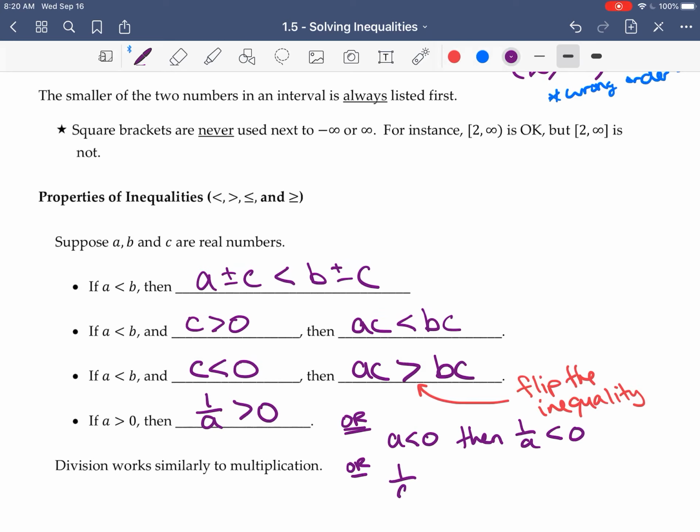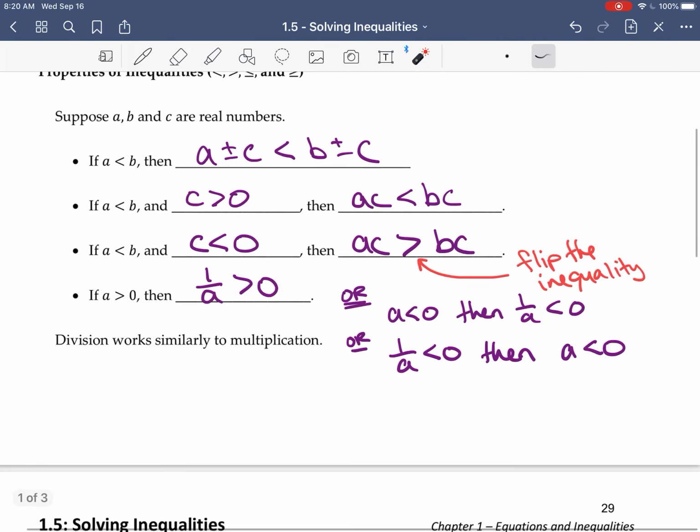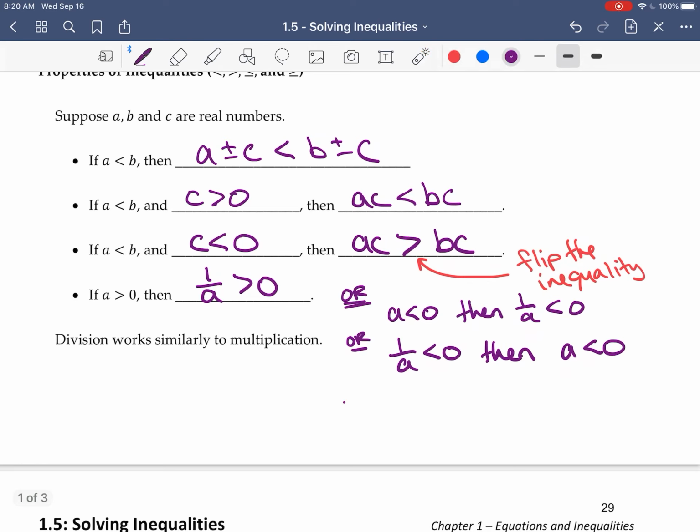Or the other way, if 1 over A is less than 0, then A has to be less than 0. Now this one is maybe a little bit less obvious. And in fact, we could write it for bigger than 0 as well. So if 1 over A is bigger than 0, then A is bigger than 0. And this you could also write more generally.